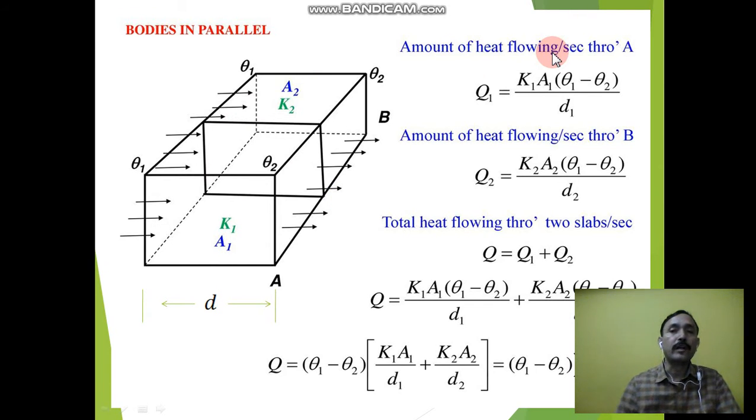So the amount of heat flowing per second through A will be Q1.